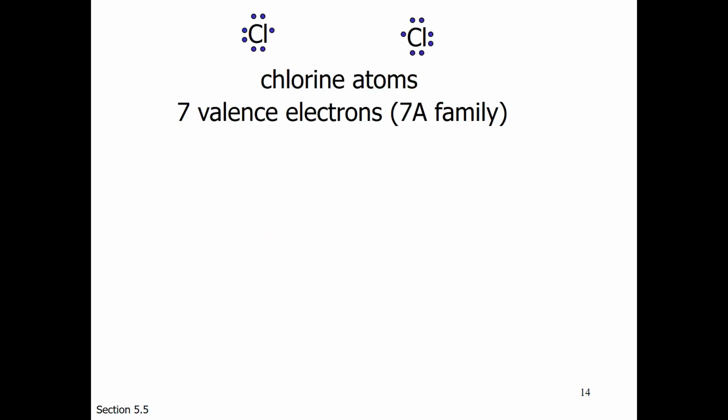So let me try and demonstrate to you what you would do if you were going to try to build the chlorine molecule. Chlorine, as you know, is in group 7. So each chlorine atom has 7 dots around it to exhibit 7 valence electrons. So if we were going to make each chlorine feel like it had 8 around it, we would have to share 2 electrons.